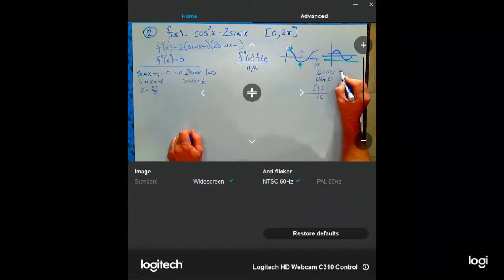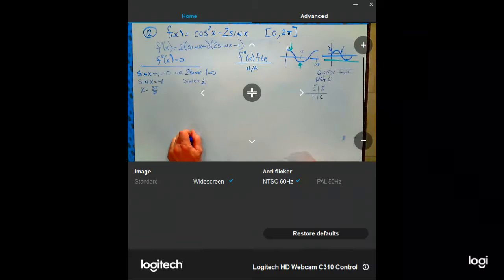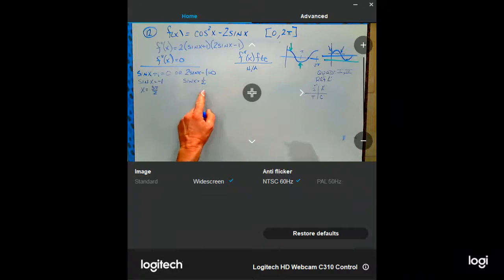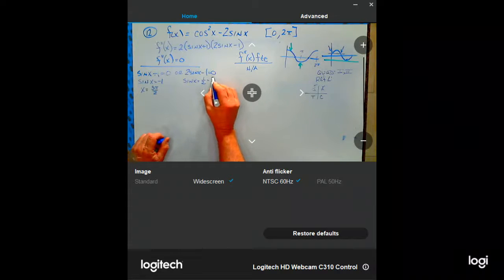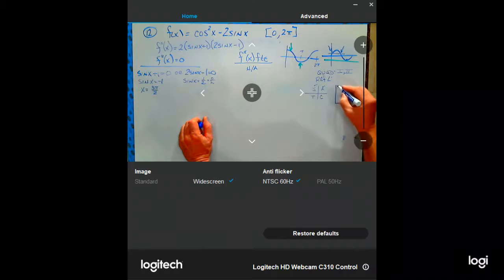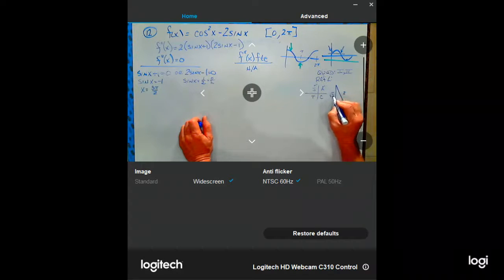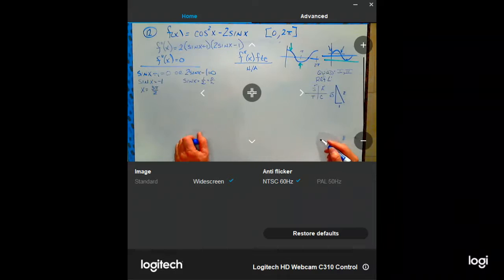So we'd have quadrant 1 and quadrant 2, which of course we see from here and here in our picture, where sine is positive. And then we need a reference angle. Sine, of course, is opposite over hypotenuse, so we need a triangle with a 1 and a 2. Well, we've got one of those. This is 1, 2, square root of 3. This is our friend the 30, 60, 90 triangle.